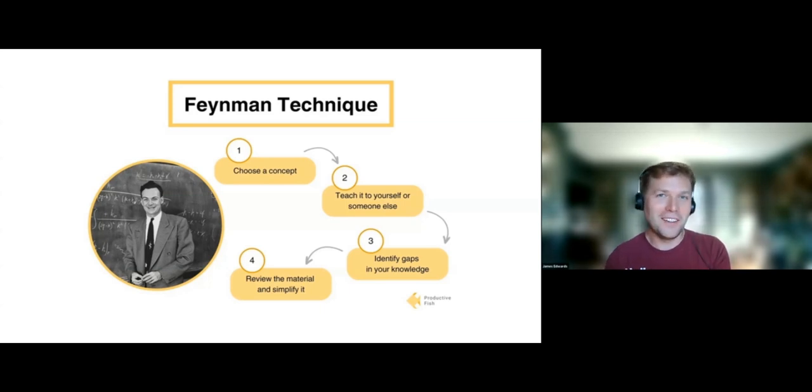If you're really struggling to do it, picture your friend or your group as a 5-year-old. If you're really struggling to do that, it indicates to yourself that maybe you don't know it quite so well, and then you can go back and do some more independent study and then try again. Within medical education, it's very easy to overcomplicate stuff.